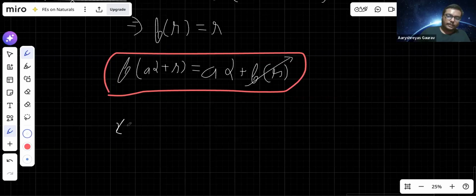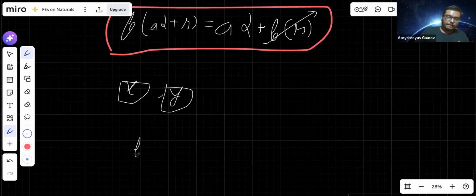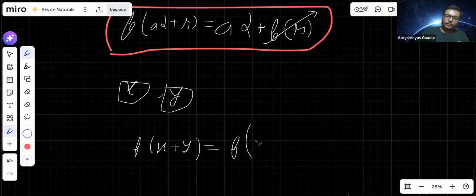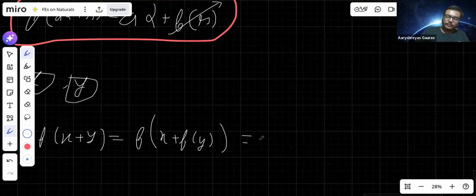Let's say I have two fixed points, x and y. Well, I'm speed running because we are already out of time. Then if I write f of x plus y, since y is also f of y, we get f of x plus f of y, and finally x plus y.